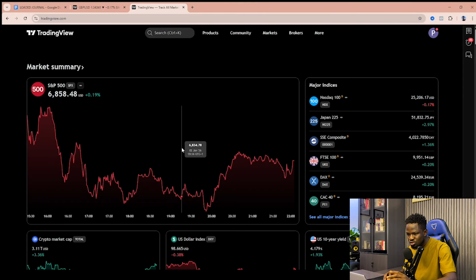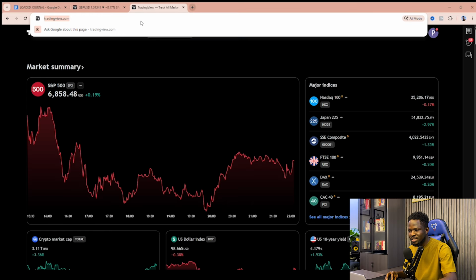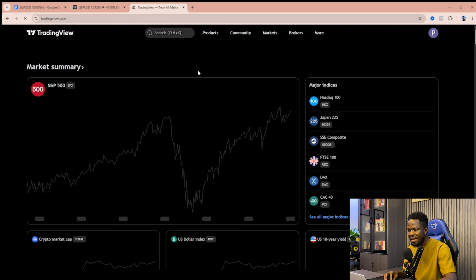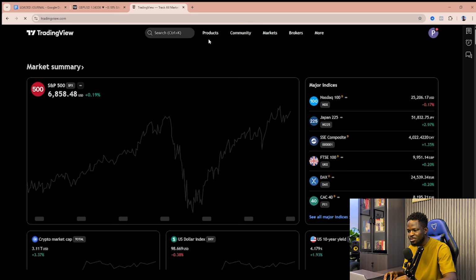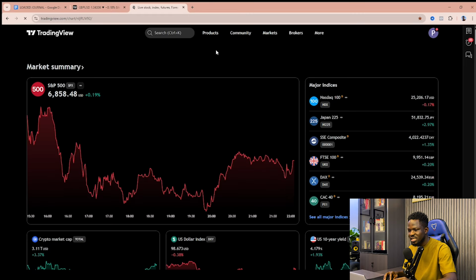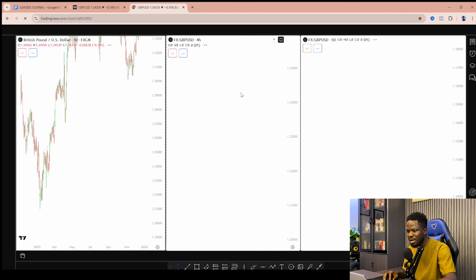To get access to TradingView, you have to go to your Chrome browser, then create a new tab, type tradingview.com. Once you type tradingview.com, press enter, it will load a page like this. After this page, go to products, then click on super chart to load the TradingView app.